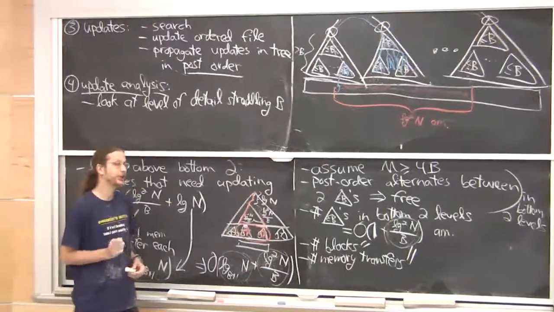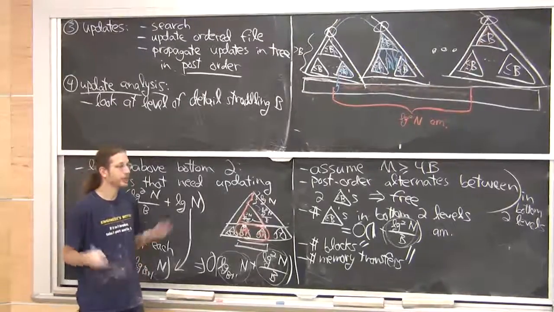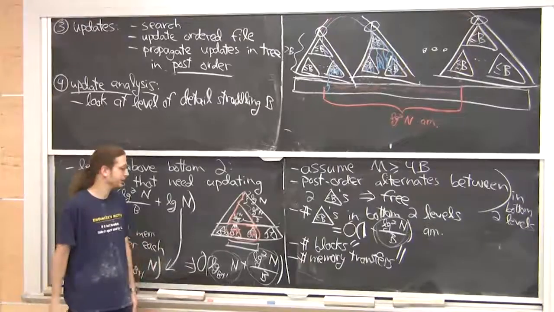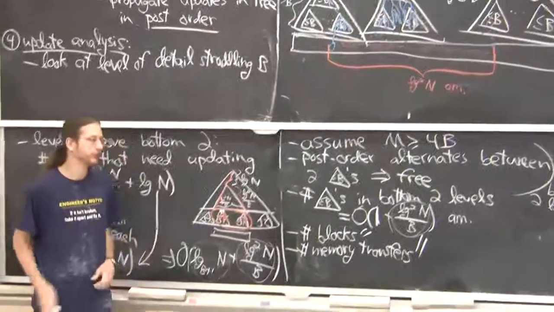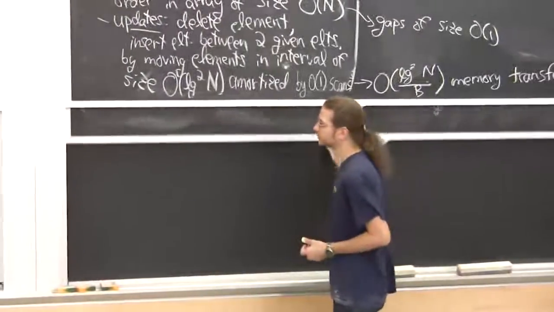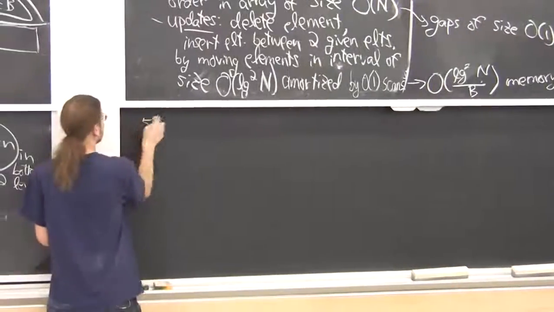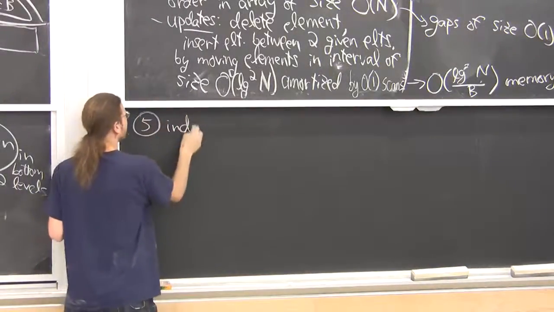The breakpoint is when b equals log n times log n. Okay, so for small b, we're not happy, and we want to be happy for all b simultaneously. So I want to fix this. We're going to fix it using a general technique, a great technique, called indirection. So this is step 5, indirection.